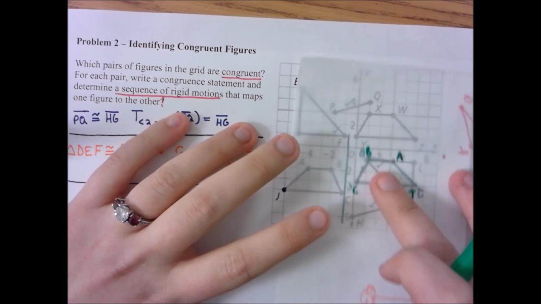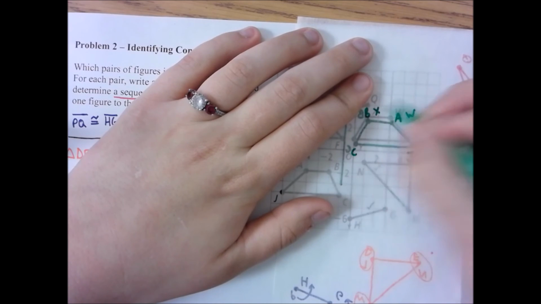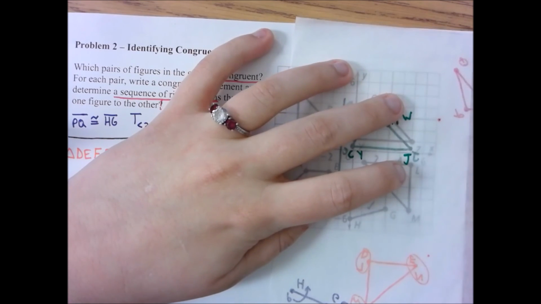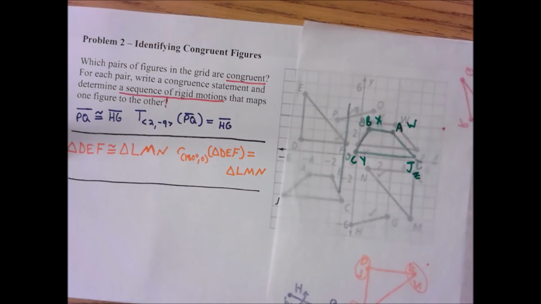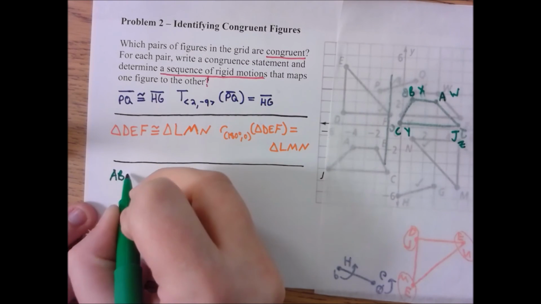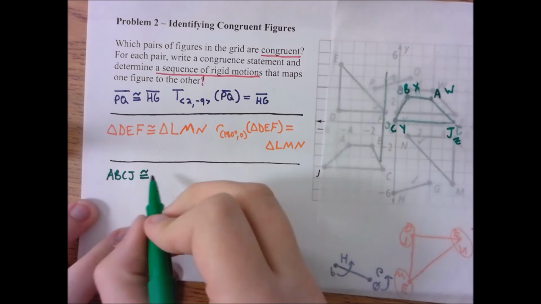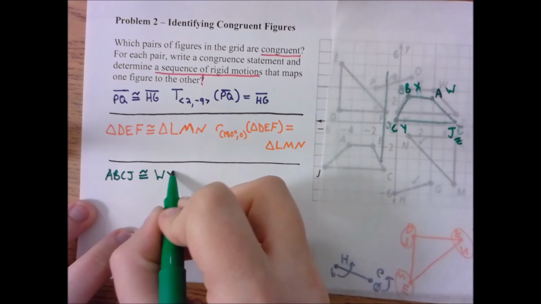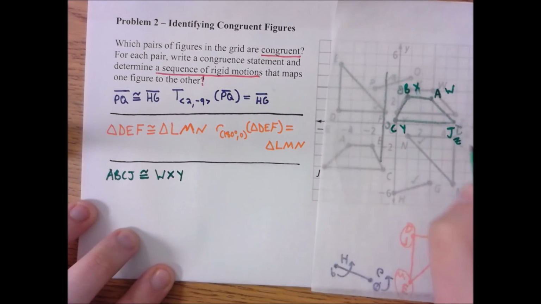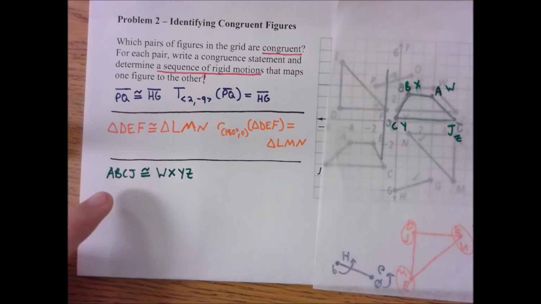I move it left 1, up 5, and that gives me W matches A, X matches B, Y matches C, and Z matches J. So over here we can write quadrilateral ABCJ is congruent to A matched W, B matched X, C matched Y, and J matched Z. Now again, this turned out really pretty, W, X, Y, Z. However, sometimes it might not.